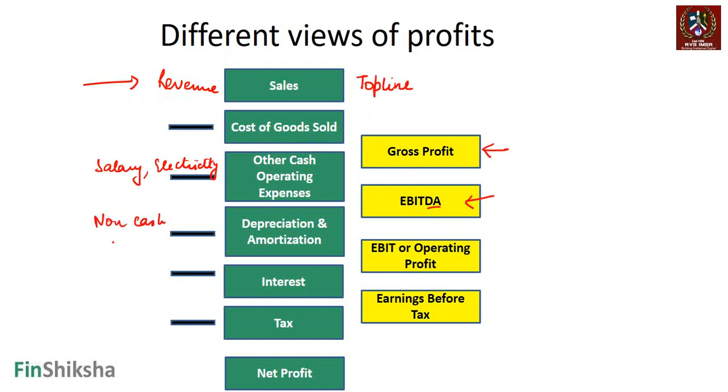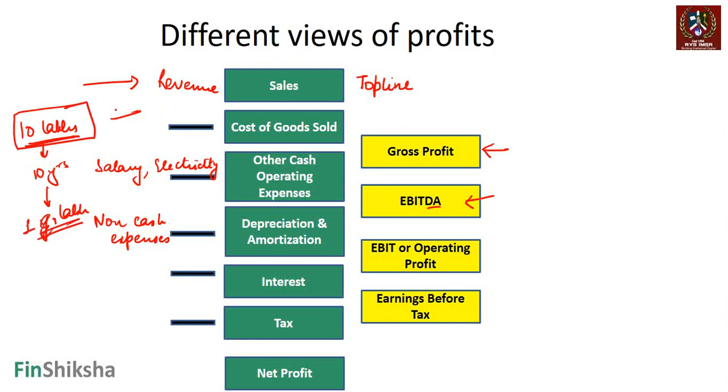We are going to look at these in detail now, but these are expenses that we are saying that if we buy a car worth 10 lakhs and the life of the car is 10 years, instead of taking the cost of the car as 10 lakhs, we're going to divide it into 10 years and write off 1 lakh every year. This is a non-cash expense because the cash has already gone out. That's 10 lakhs.